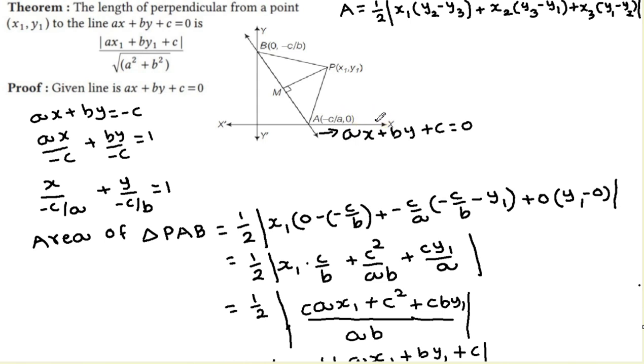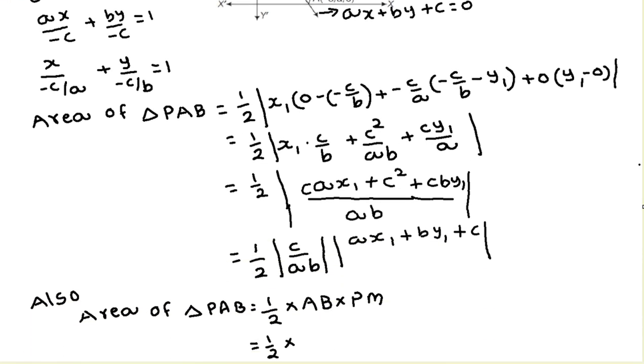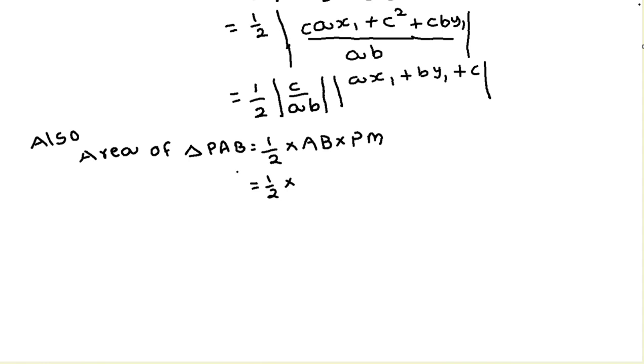So AB becomes square root of (minus c by a minus 0) whole square plus (0 minus of minus c by b) whole square. That becomes c square by a square plus c square by b square, so square root of c square by a square plus c square by b square, multiplied by PM.